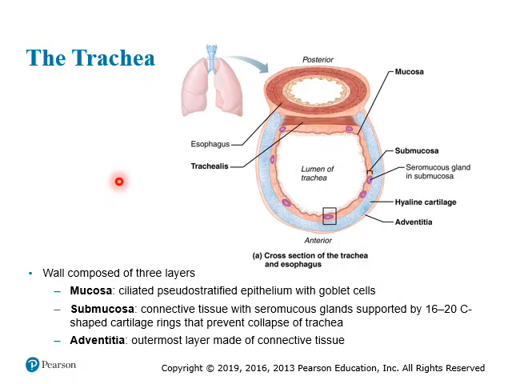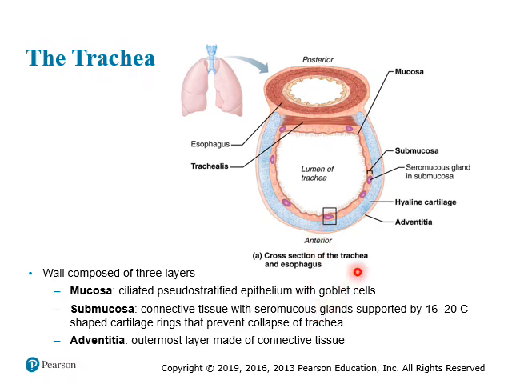So the walls of the trachea are made up of three layers. You have the mucosa, that's the mucosa right there, made up of pseudostratified epithelium. It's actually ciliated pseudostratified epithelium with goblet cells. The goblet cells are the ones that are producing mucus.